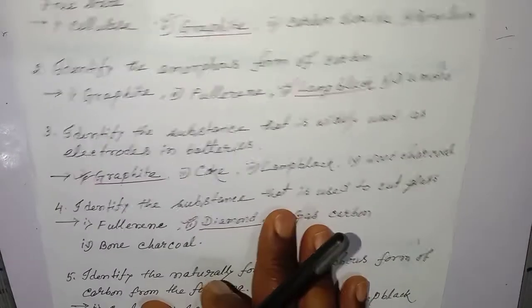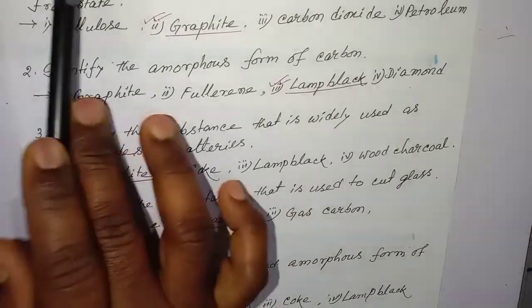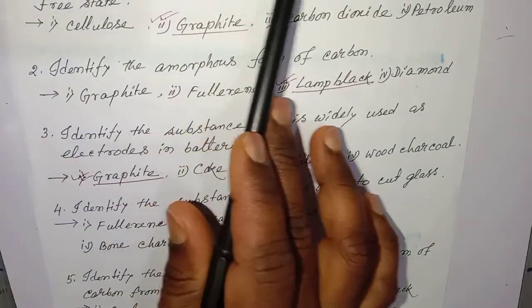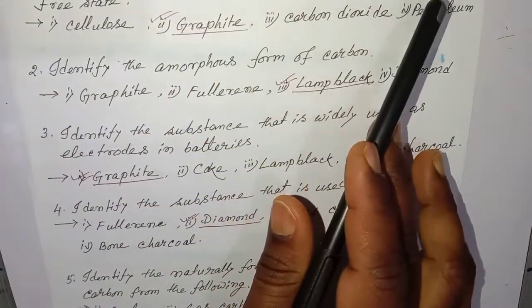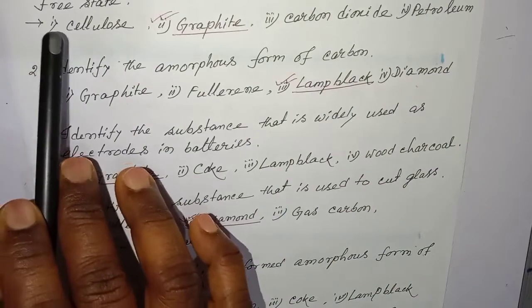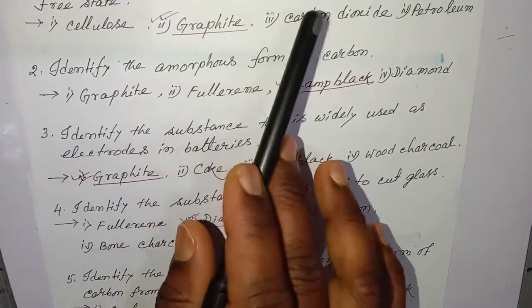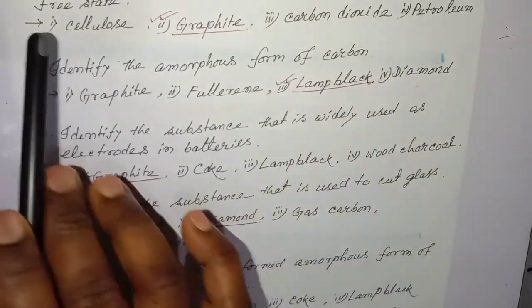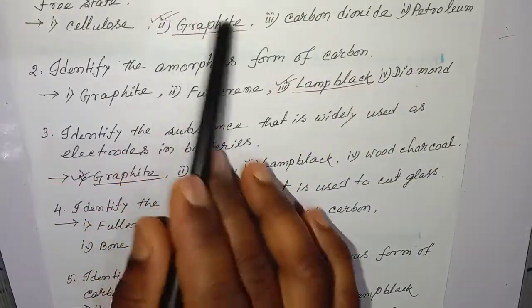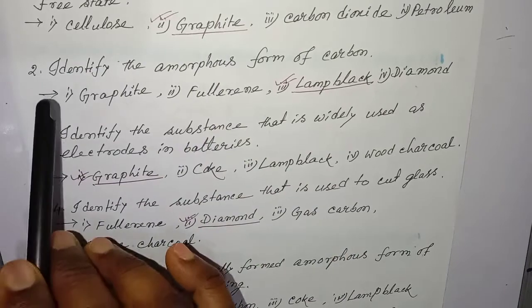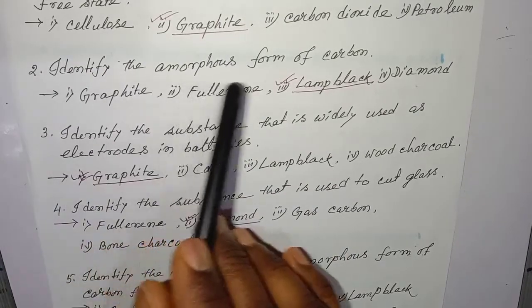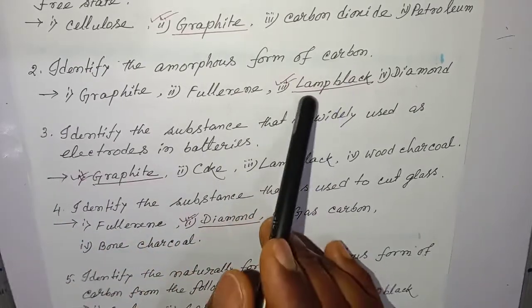Next item, choose the correct answer for each of the following. Identify the substance in which carbon exists in the free state: graphite. Identify the amorphous form of carbon: lamp black.